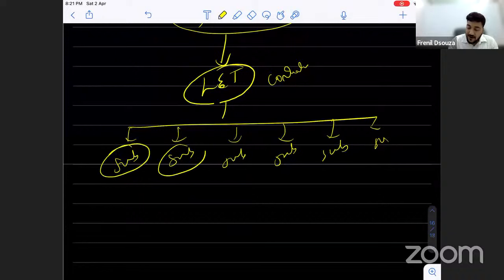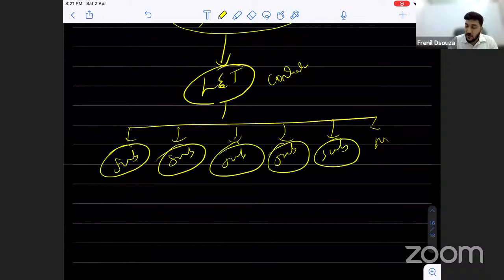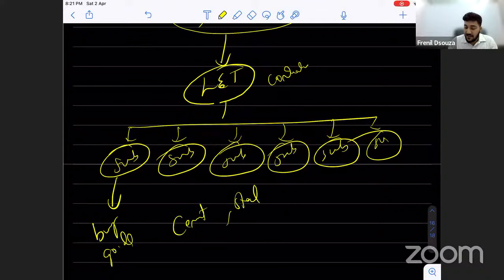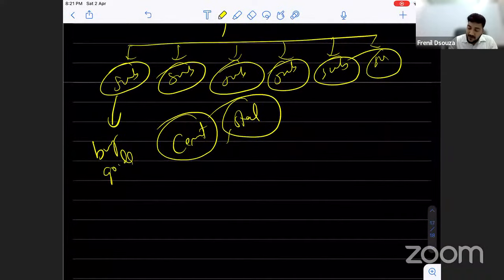Each one does their own work. And once these subcontractors got the work, what are they going to do? They are going to go ahead and buy goods. What are the goods? You can call it cement, you can call it steel. The cement industry and the steel industry got that money. Once the cement industry got the money, they are going to pay for the raw materials of cement.